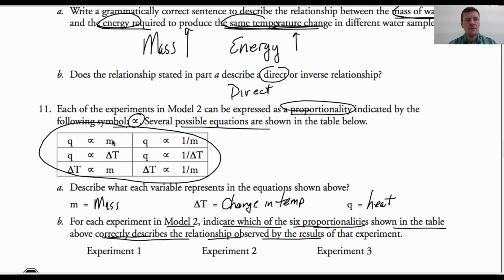Mass and delta T, that would be this one right here. So that's showing an inverse relationship, that as one goes up, then the other's got to go down in order to keep this proportion, in order to make it work.